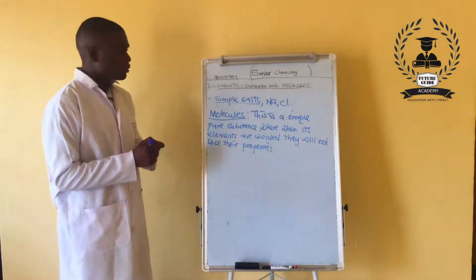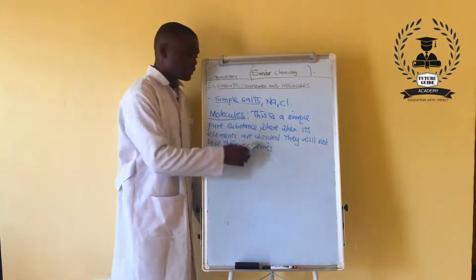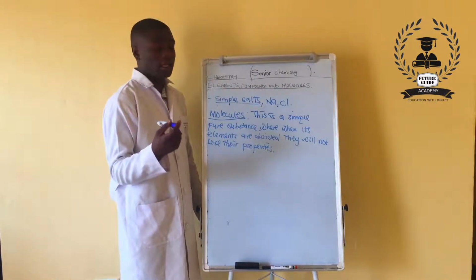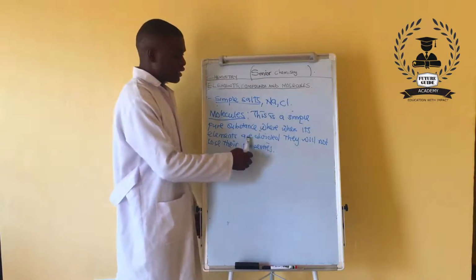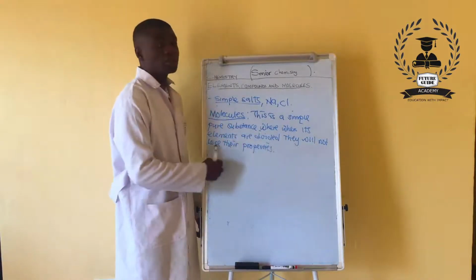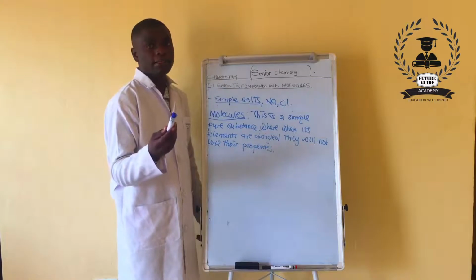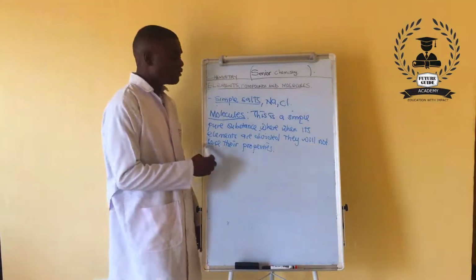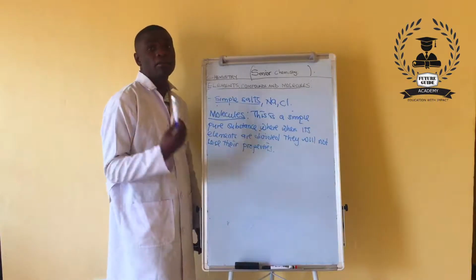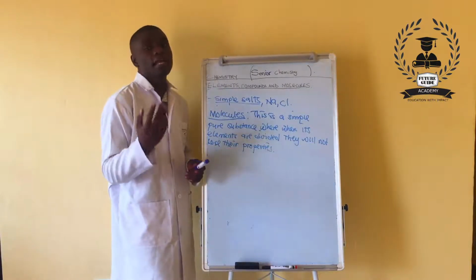When we are talking about molecules, we are also going to see how they exist in nature. But when their substances are divided, the key part here is that they do not lose their properties. You are supposed to know how their structures are. Molecules can be grouped into a number.